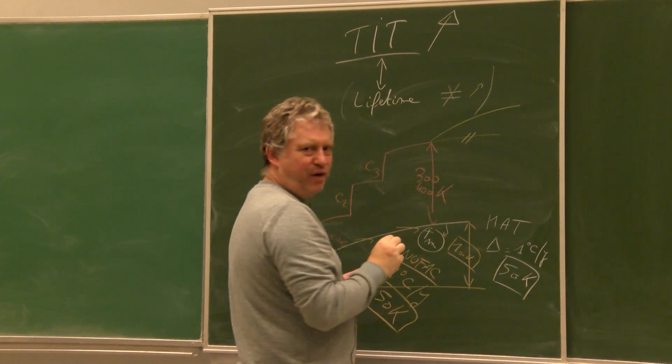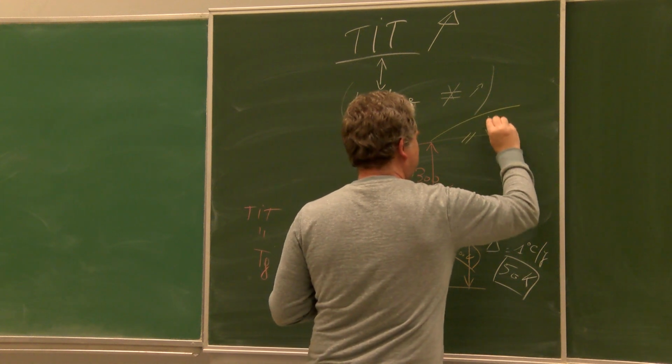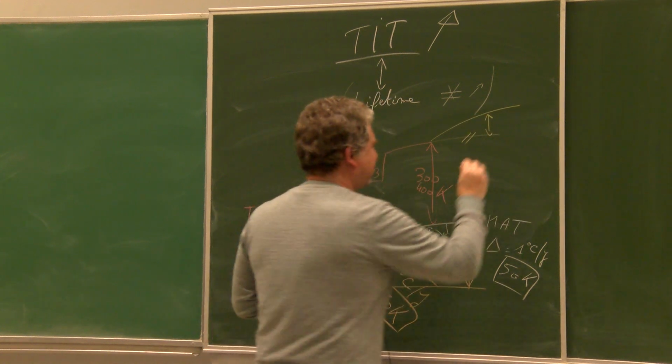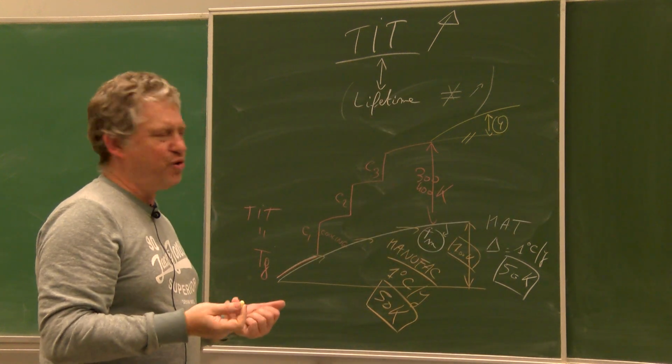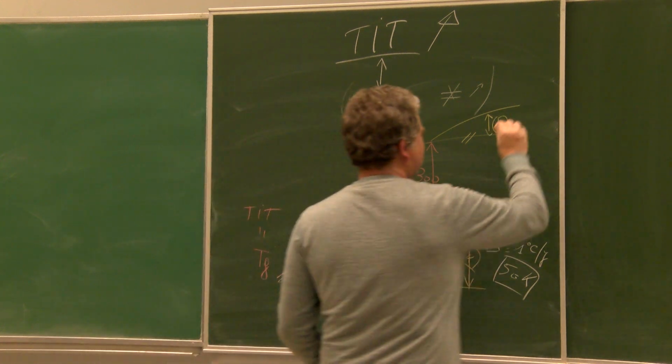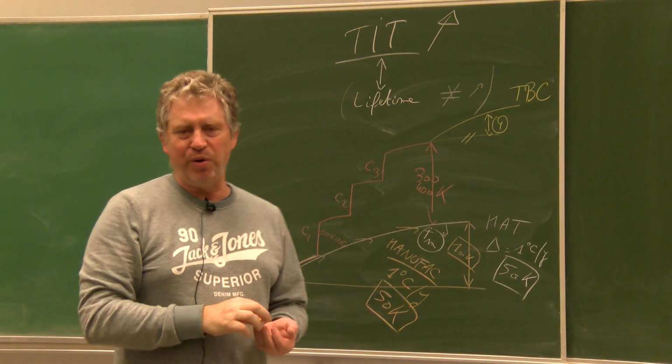You see, you are not following the curve anymore of the evolution of cooling. You are introducing a fourth technique that is on top of cooling, also changing the situation. This is what I will call TBCs, thermal barrier coating.